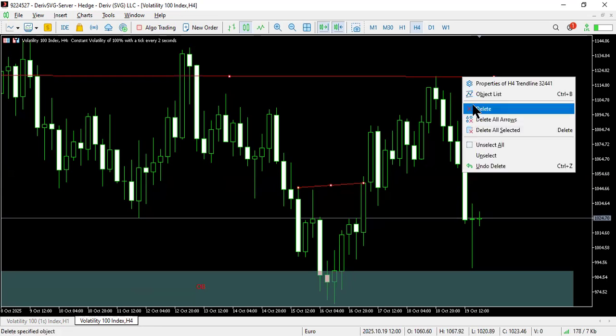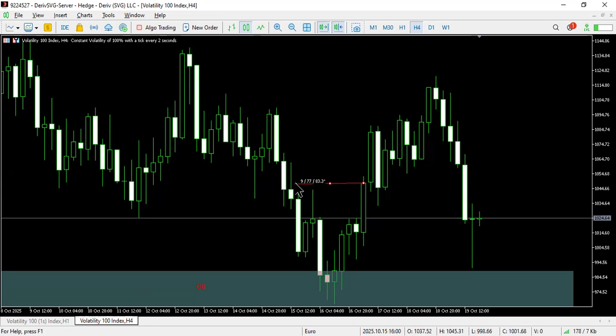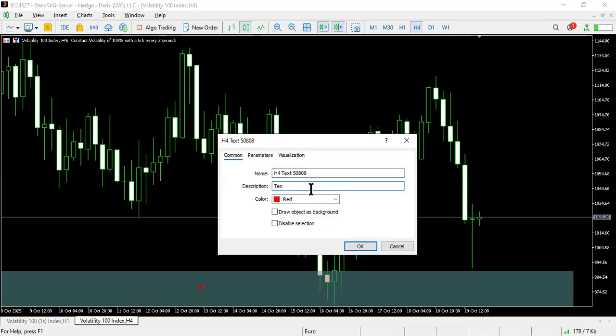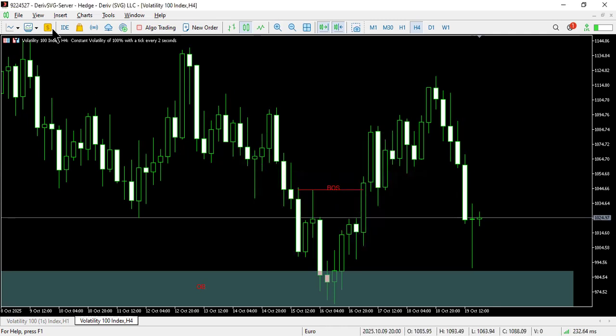We just remove that resistance. So that is a break of structure.